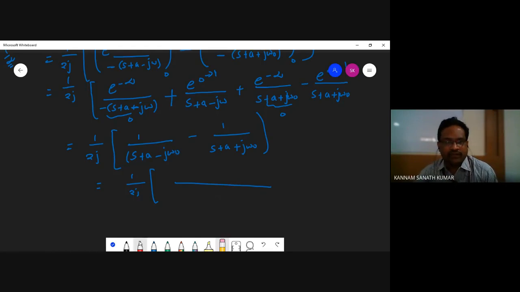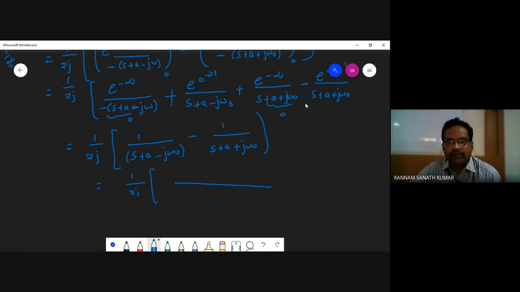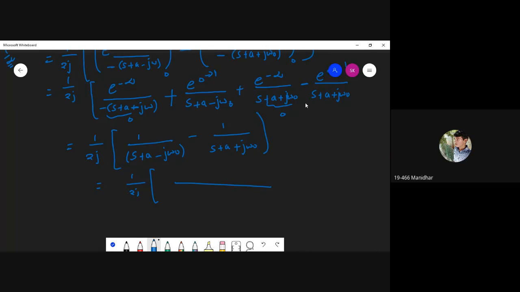Anyway this is 0 and this one is 0. What is remaining? These two terms. E power 0 is 1 by s plus a minus j omega naught. Here minus is there. Student doubt: where does the plus come from? Isn't it 1 by s plus a minus j omega naught plus 1 by s plus a plus j omega naught, the plus comes there?